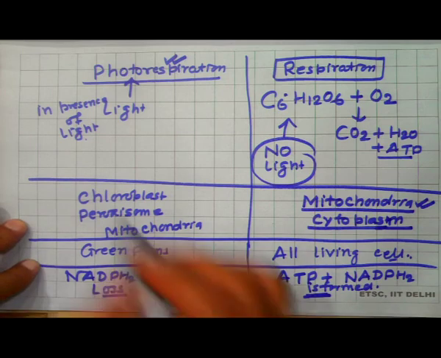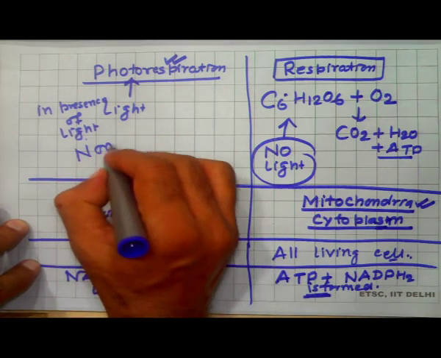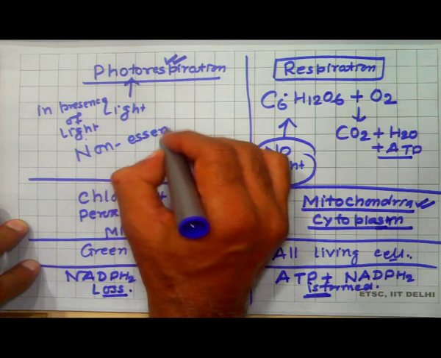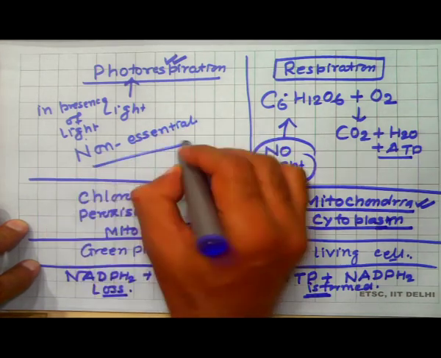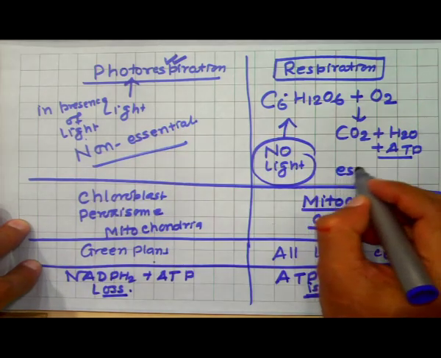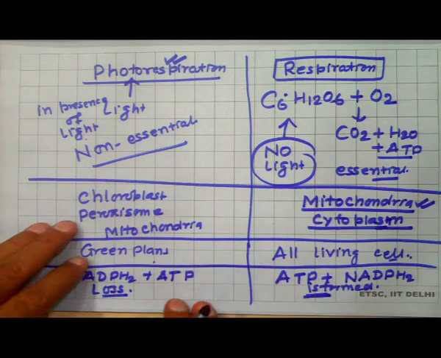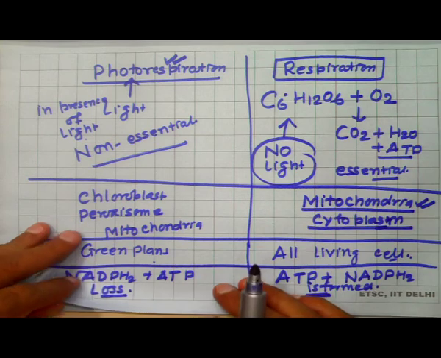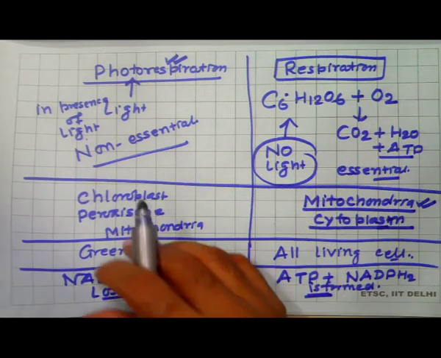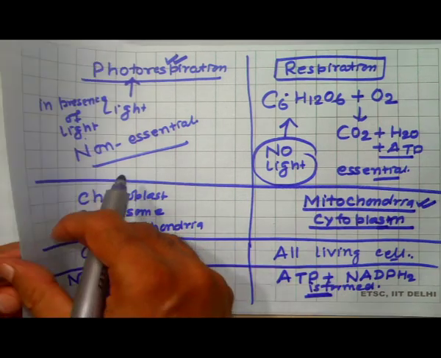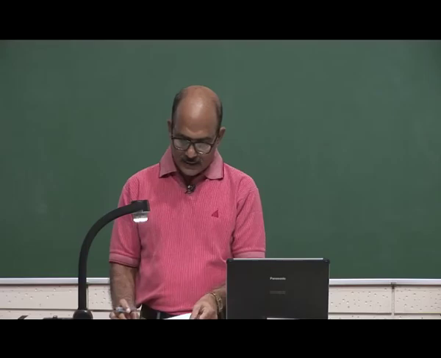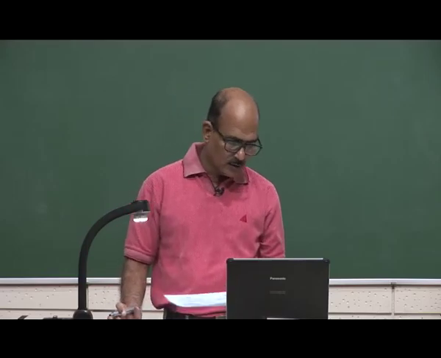Photorespiration is non essential, we can say it is non essential, but respiration is very essential. So, these are the differences between photorespiration and respiration. Respiration we will discuss later on.